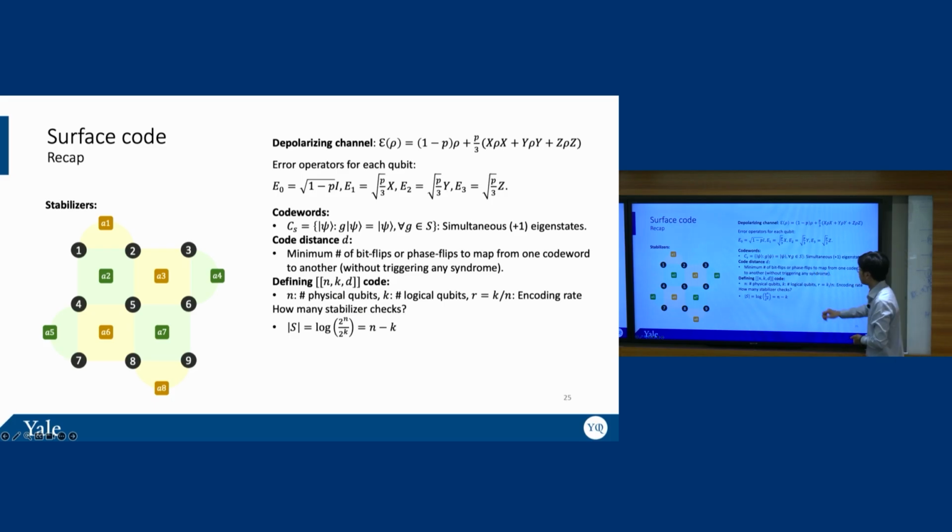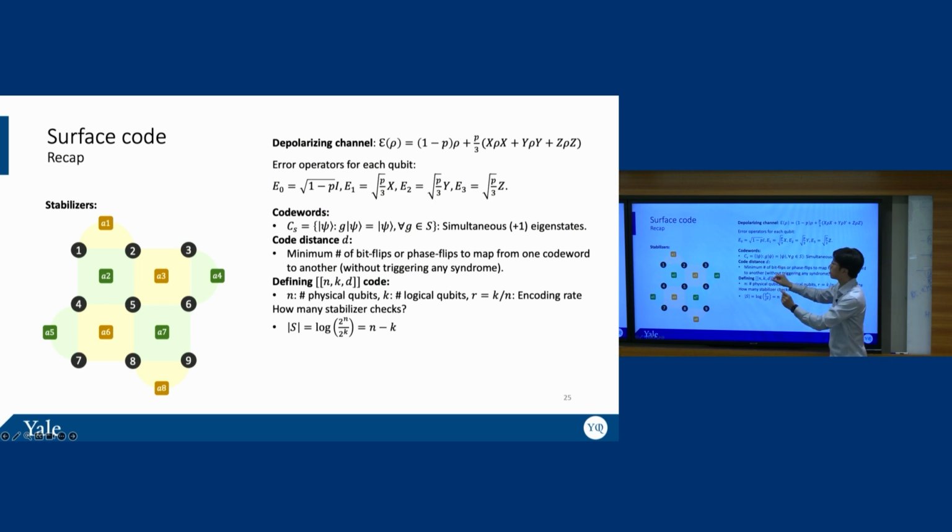So any weight D Pauli operations could occur without triggering any syndrome. That defines the limit of which your error correction can work. How many errors can you correct? In particular, a distance D code can detect up to D-1 errors. Right?